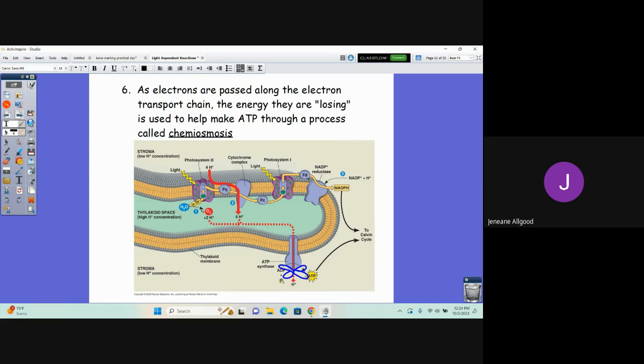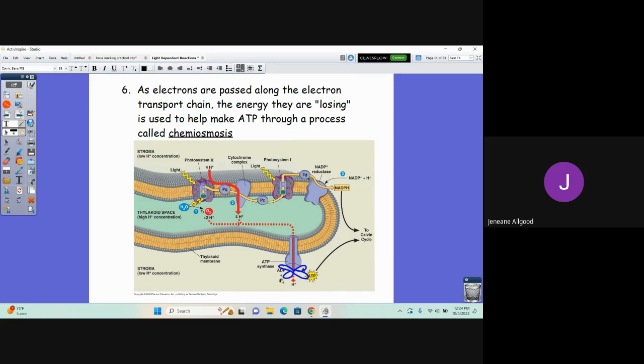So we are going to harness that energy that they are giving up, and we are going to use it to actively transport H pluses from the stroma out here into the thylakoid space. So that's where these other 4 protons are coming from. They are coming from as these electrons lose energy, okay? If we're going to do active transport, we know that requires ATP.